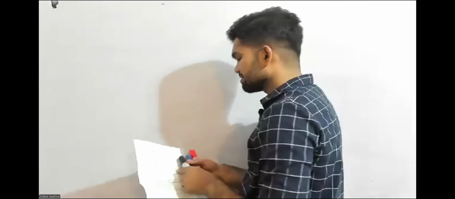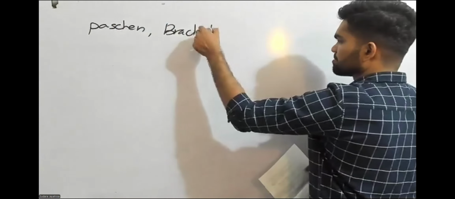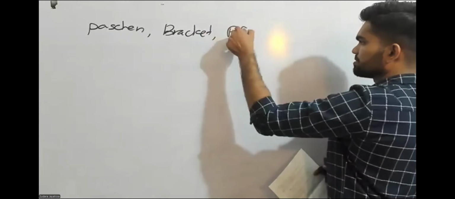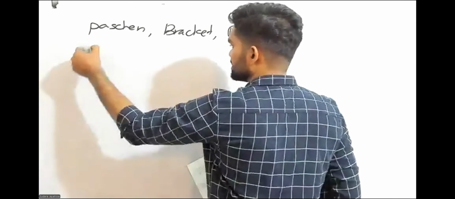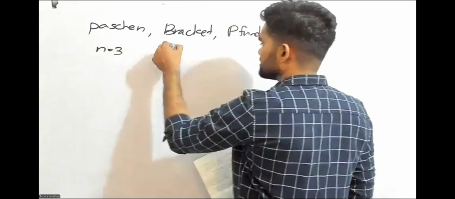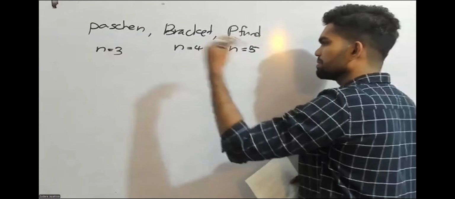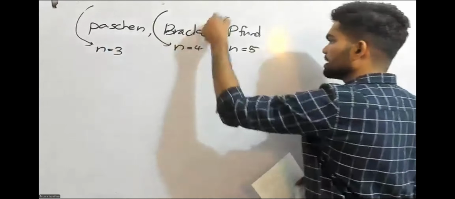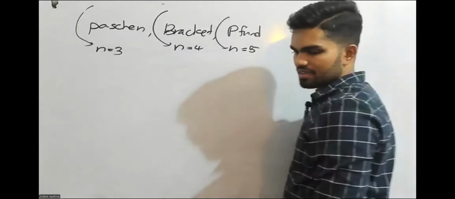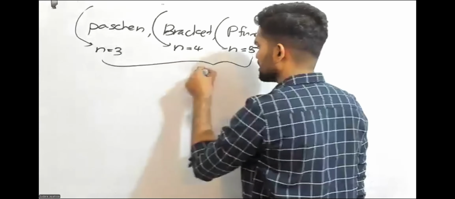Infrared region means you have Paschen series. The electron should come from an upper energy level to the third, fourth, or fifth energy level. So those belong to the infrared region, the IR region.